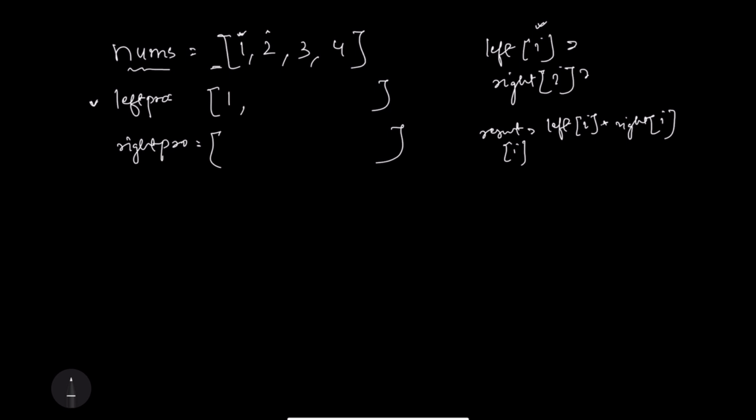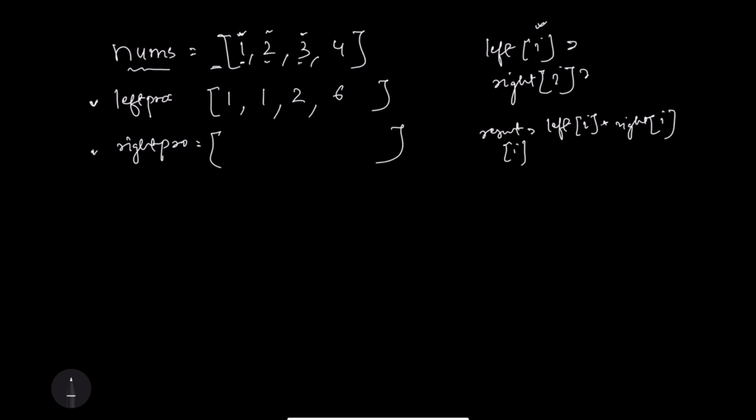Now for 2 we have got 1 to its left, so we will keep 1. Now for 3 we have got 2 and 1, so 2 into 1 would be 2, we will write 2. For 4 we have got 3 into 2 into 1, so we will write 6. So these would be our left products.